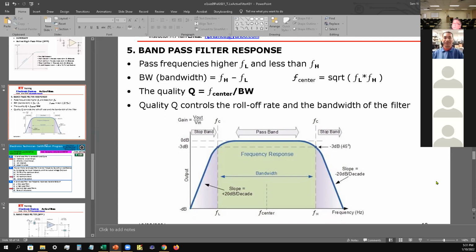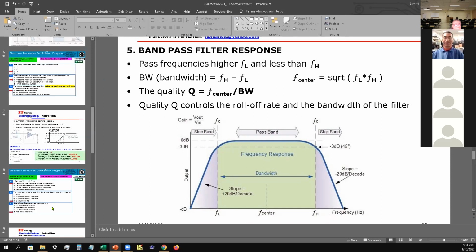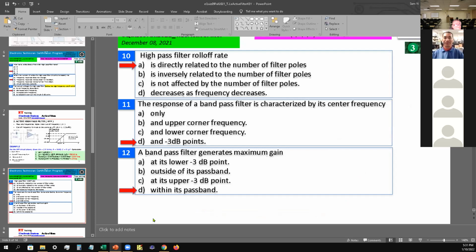I interpreted that as anything above minus 3 dB for C. Right. Anything within the pass band is considered the maximum, where your signal will be very clear. Thank you. You're welcome. So the answer for 12 is D as in David.